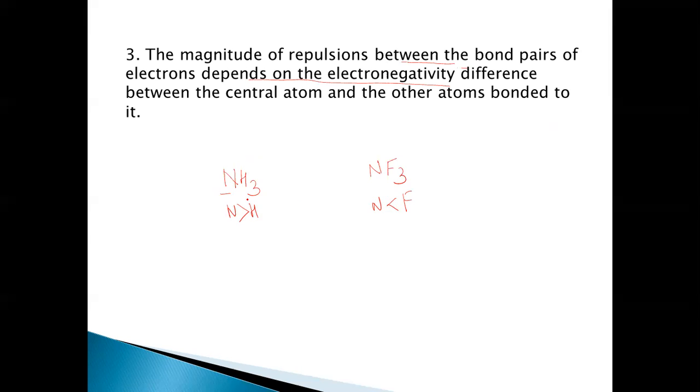So the repulsion between the electrons in these two cases will depend upon the electronegativity difference between the central atom and the other atoms. Based on the electronegativity difference, we can arrive at the shape of the molecule, where the repulsions between the electrons will also differ.